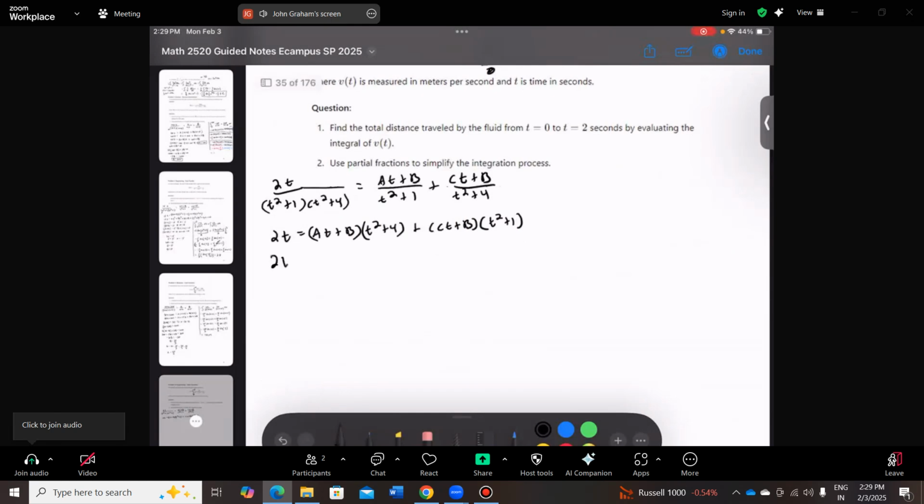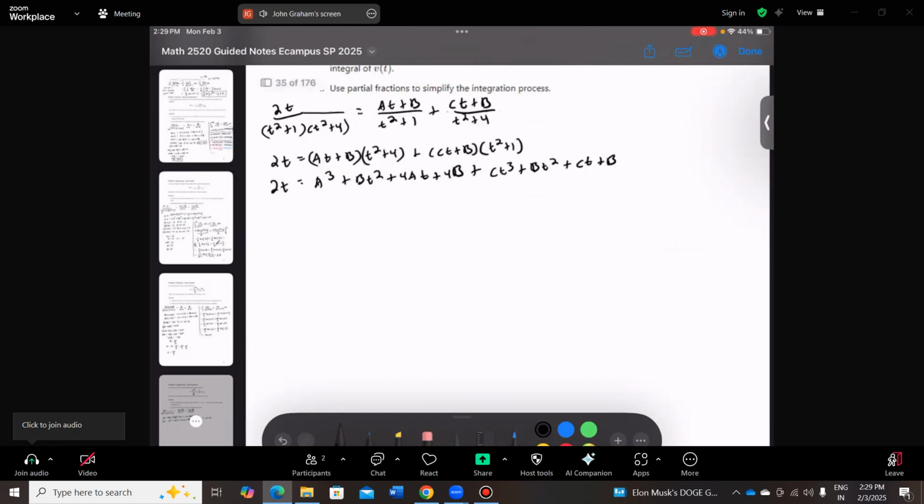So 2t, we get at cubed plus bt squared plus 4at plus 4b, and then ct cubed plus dt squared plus ct plus d. Right, so the t cubes together. I forgot my t, that's why that looks different.